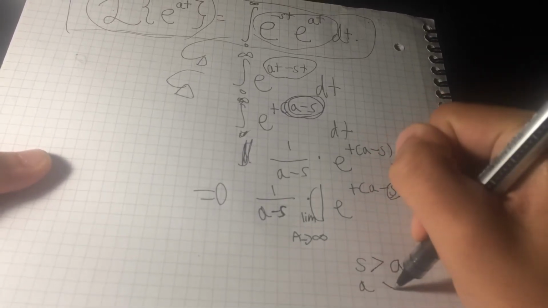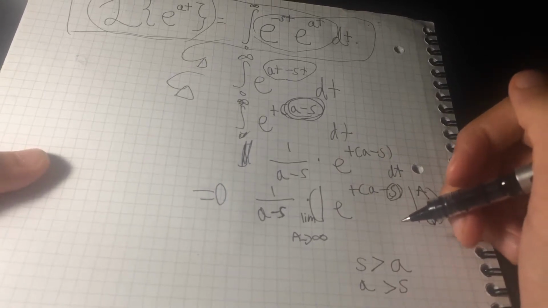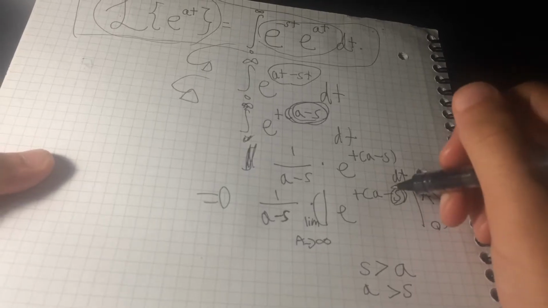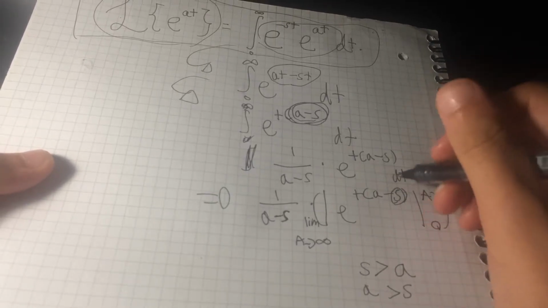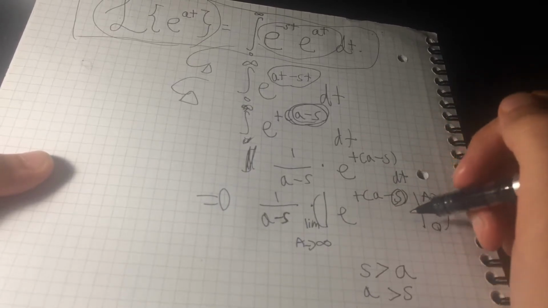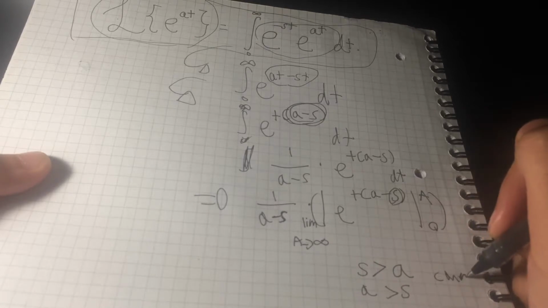But if a is bigger than s, what you're going to have is a positive coefficient of t, which means that it's not going to converge, it's going to diverge. Let's quickly write it here.